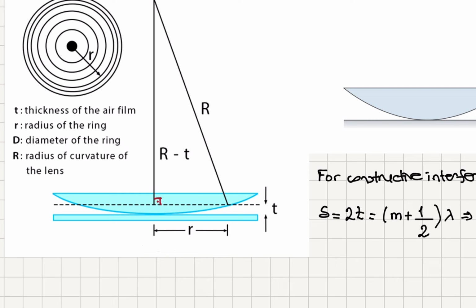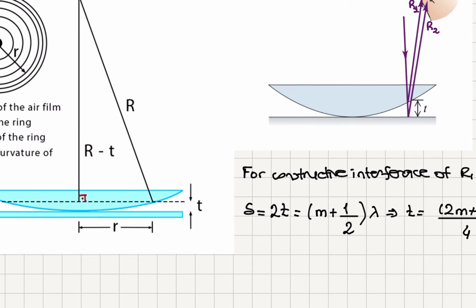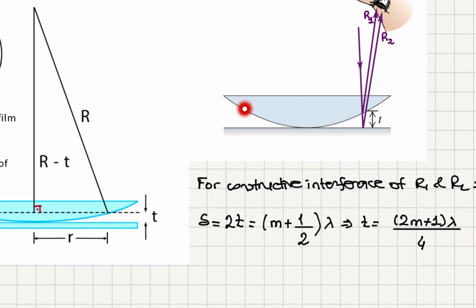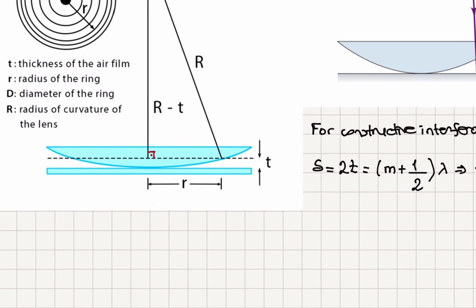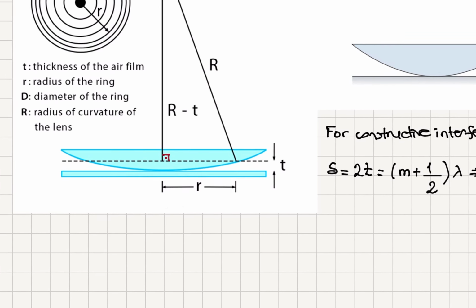Because it's a symmetrical situation, when I look at the same distance from the center everywhere, I'm going to obtain a relationship between the radius of curvature of the lens, capital R, the radius of the ring that I will observe, r, and the thickness of the air film, t.